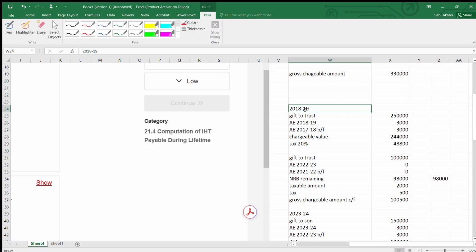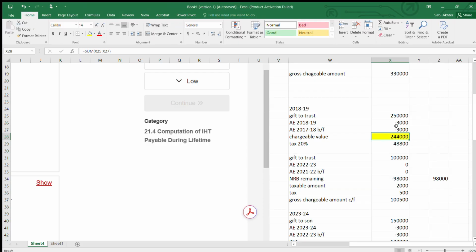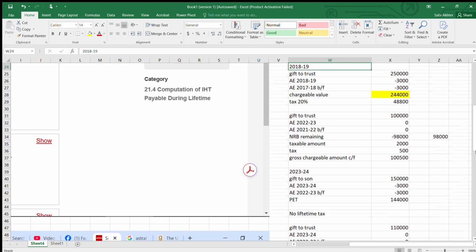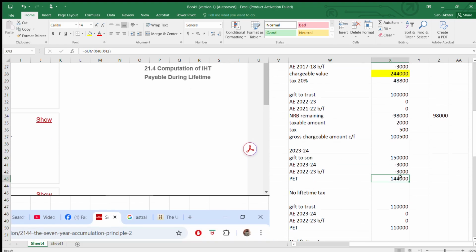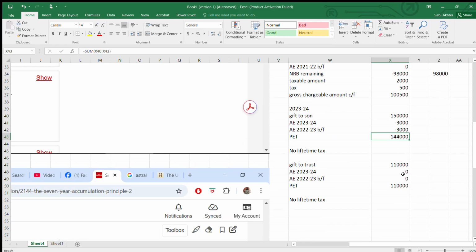Only the chargeable lifetime transfer, not the PET. So we have one here, 244. Okay, I will highlight it. This is a chargeable transfer within 7 years. And the next gift, this is gift to son. This is PET. PET is ignored. It's only CLT. So only one CLT we have made of 244, which is less than a nil rate band.